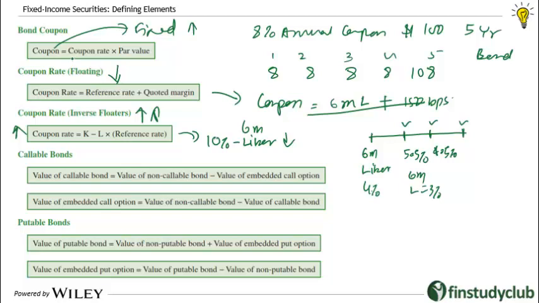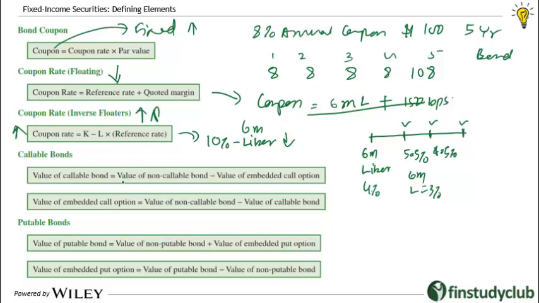In the case of fixed coupon, your coupon is fixed, but your interest rates could vary, and hence the difference between the two could arise. In the case of inverse floater, since the movement of the coupon and the interest rate is in opposite direction, the difference between the two could be potentially very, very high. Hence, the interest rate risk in an inverse floater is the maximum.